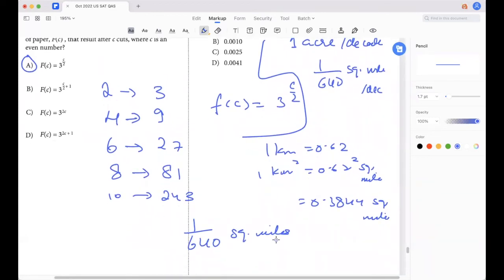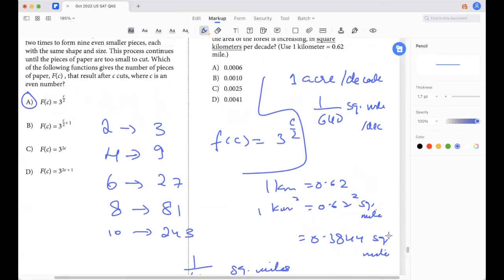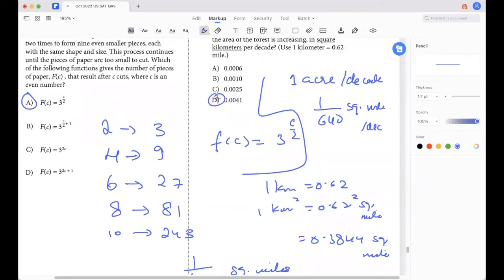So 1 square mile is 1 over 0.3844. So this would be 1 over 640 into 1 over 0.3844 square kilometer. 640 times 0.3844, and inverse of that, right? So that to the power minus 1, which is 0.0041, option D.